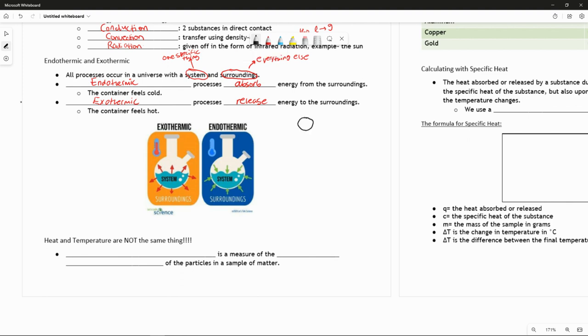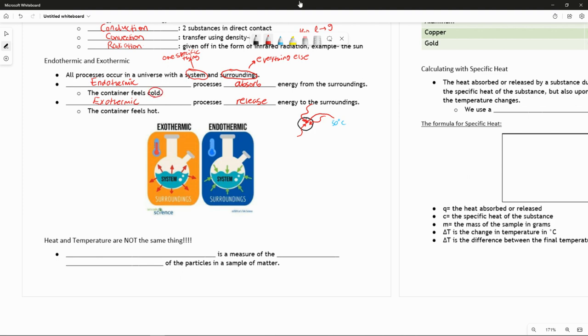Endothermic, you have a black ball object, and the heat from the outside will go inwards. Say it's 50 degrees Celsius outside. The system is going to absorb that heat, so the surrounding temperature will be colder. Hence, the container feels cold.